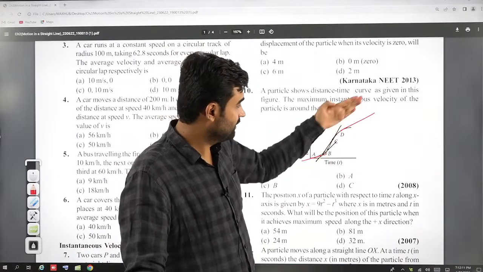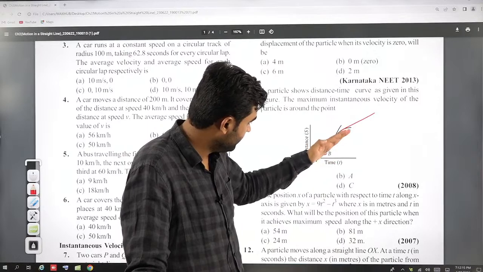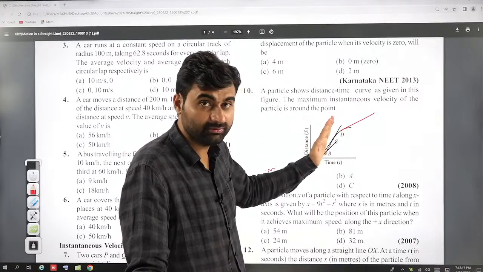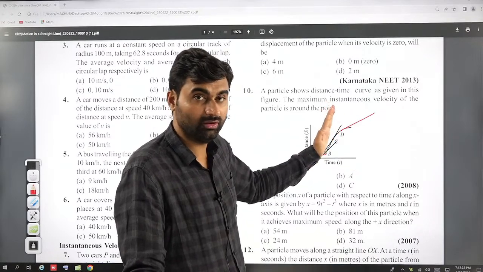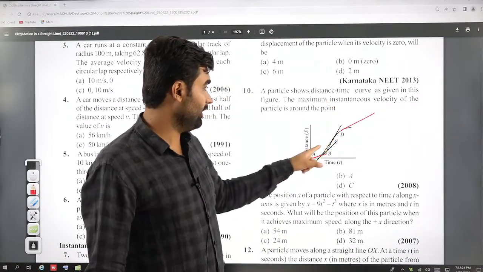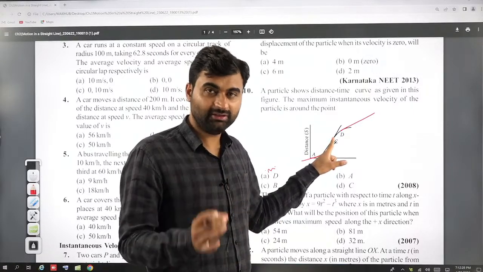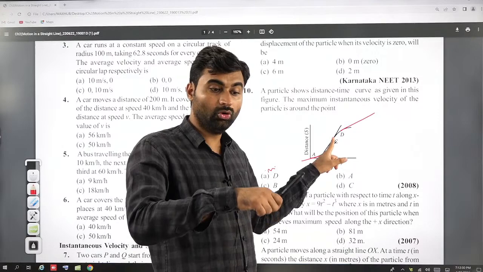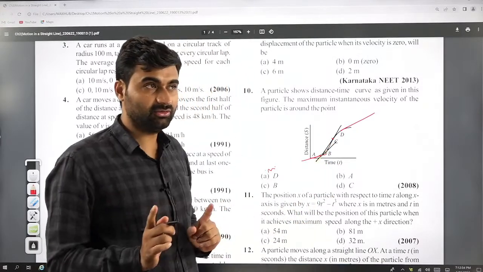So here towards the horizontal line, here again horizontal line, but at B steep towards the vertical line, at C more steep towards the vertical line, okay. So at C the slope is maximum because at C the tangent is more steep, or you can say towards the vertical line. Is it clear to all of you?